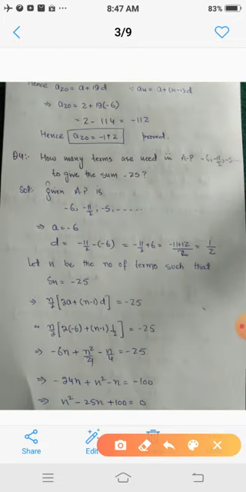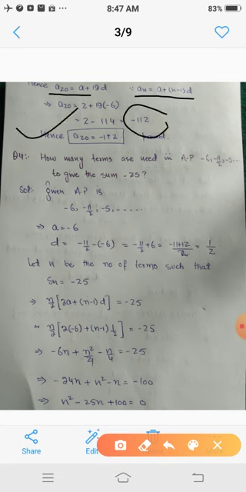Since we know that the nth term of an AP whose first term is A and common difference is D is given by A plus n minus 1 times D, A20, where n is 20, is A plus 19D. But A equals 2 and D we calculated equals minus 6, so putting these in A20, we get A20 equals minus 112.